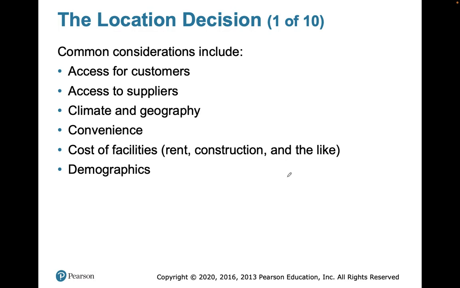Cost of facility is like, for example, rent, construction, and the like, and labor. Is labor cheap there? That is why all these big brands open companies in locations where labor is very cheap, like Bangladesh and Vietnam.